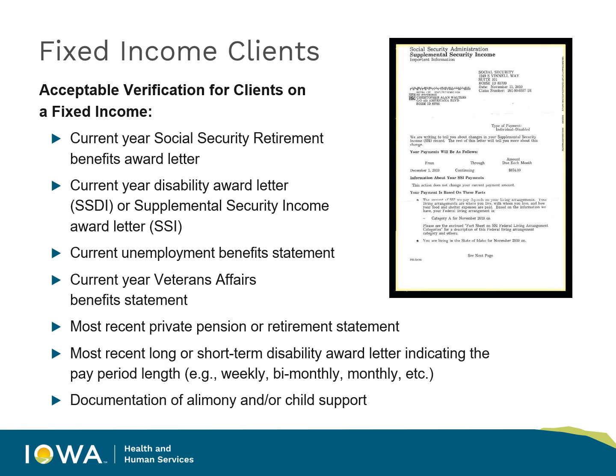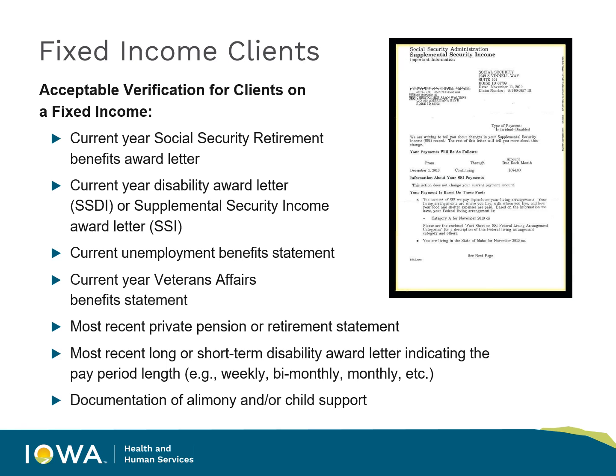A current year Social Security Retirement Benefits Award Letter, a current year Disability Award Letter or Supplemental Security Income Award Letter, a current Unemployment Benefit Statement, a current year Veteran Affairs Benefit Statement, the most recent private pension or retirement statement. For clients who might be receiving something like IPERS, which is the Iowa pension, they will likely be getting the same amount from the day that they start collecting, which could have been 10 years ago.